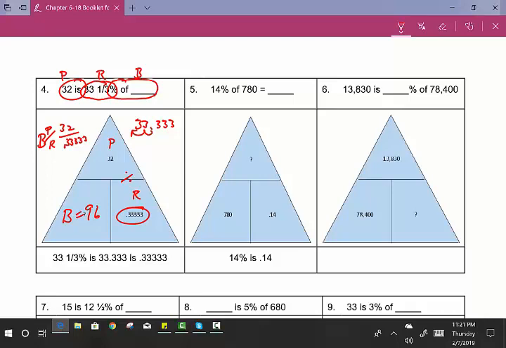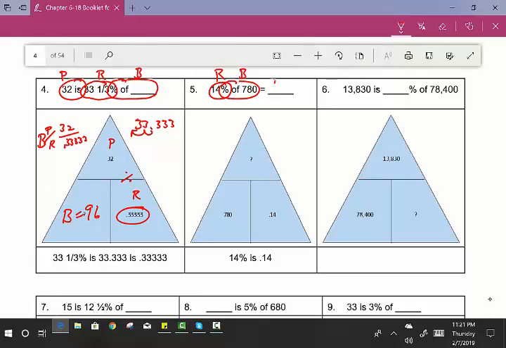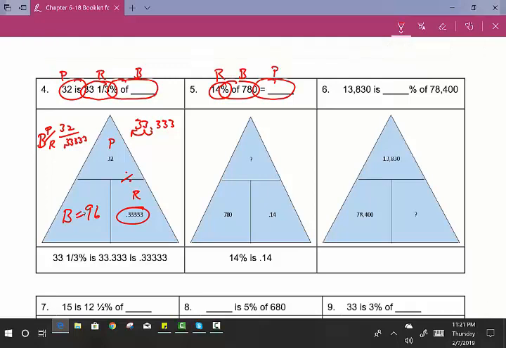Okay, number 5, 14% is easily identified as a rate. The number that follows percent of is your base. The number associated with is or equal is your part. So again, this one's part, which is equal to your base times the rate. So the base is 780 times 0.14, because I moved the decimal point 2 places to the left.